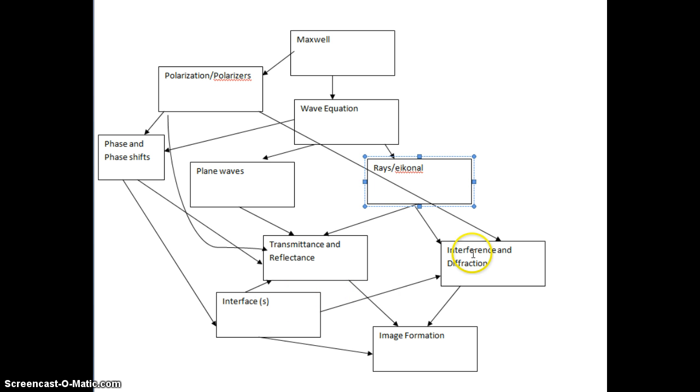Similar thing for interference and diffraction, where you have two different rays or several rays that are interacting and causing each one to change just a little bit. One example is the Huygens principle. We've got Fraunhofer and Fresnel, and they all talked about those series, and then we get to image formation.